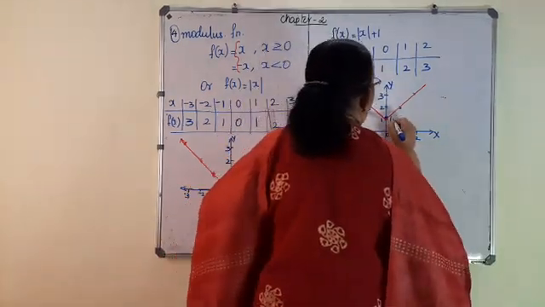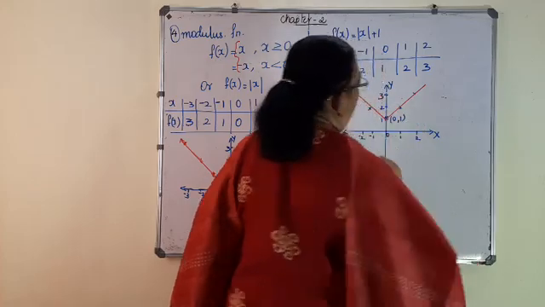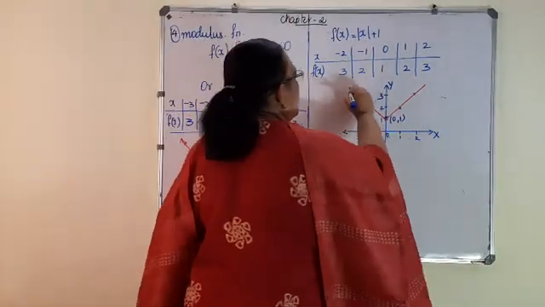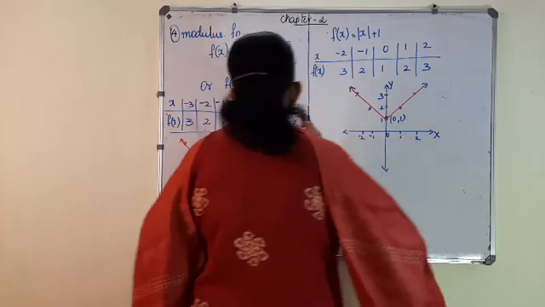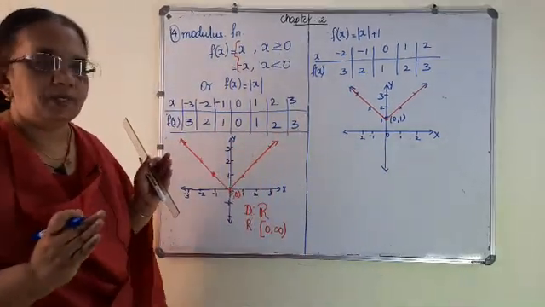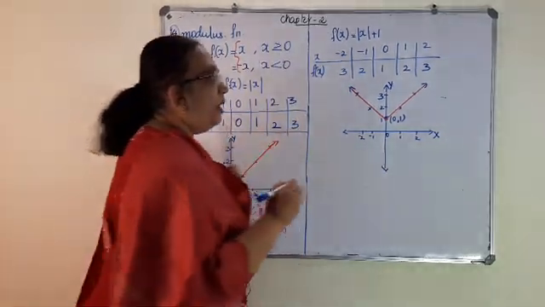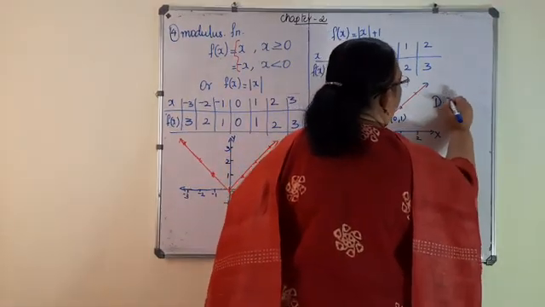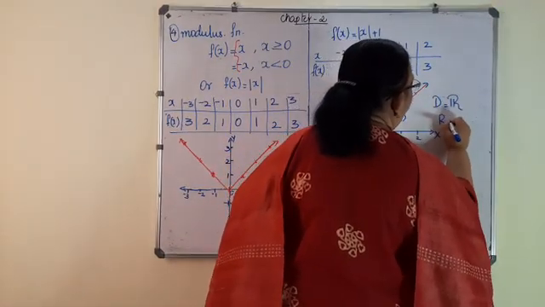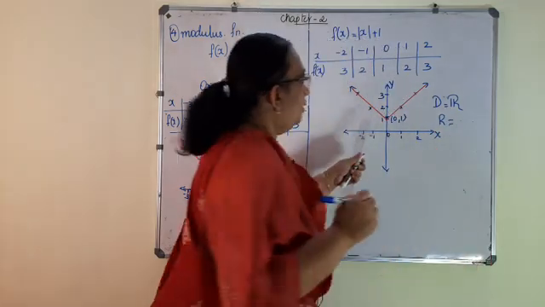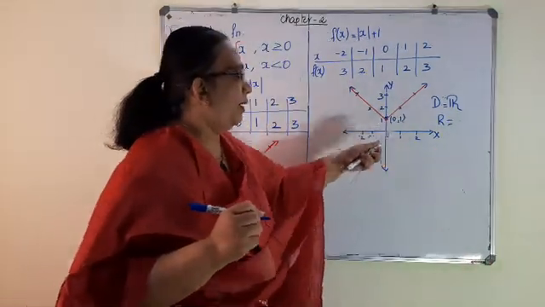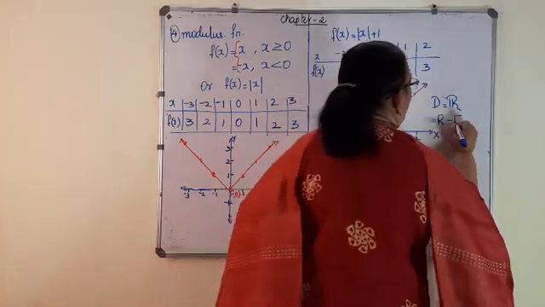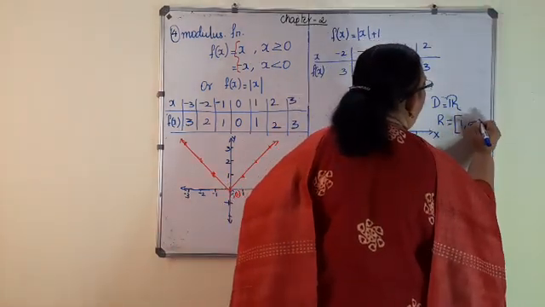Okay, so this is the standard form of the modulus function graph, but when you see this graph, you can see that the domain is the set of all real numbers. But what about the range? The range starts from 1 to infinity.